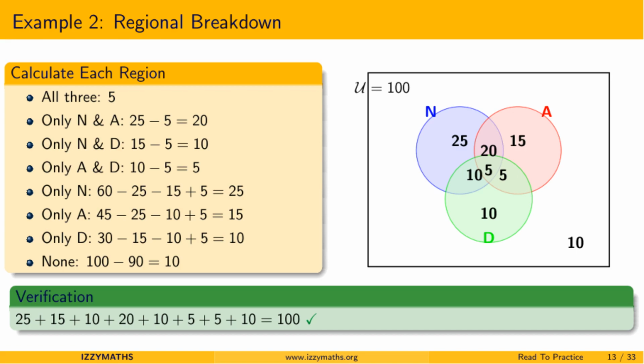For none, we calculate 100 minus 90 equals 10 people. Let's verify: 25 plus 15 plus 10 plus 20 plus 10 plus 5 plus 5 plus 10 equals 100. Perfect. This confirms our PIE calculation was correct.